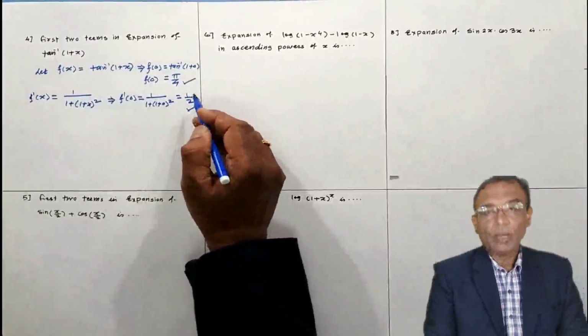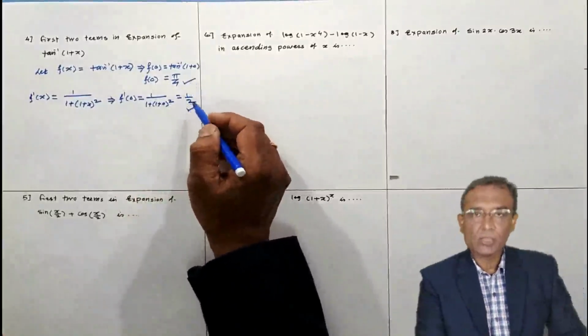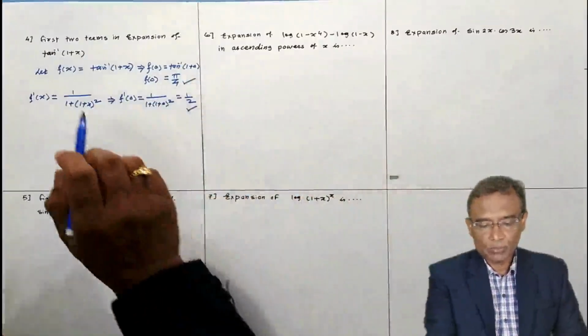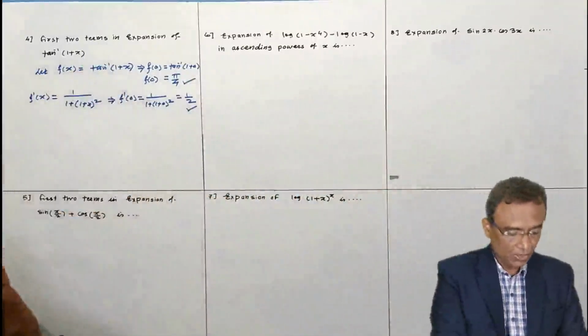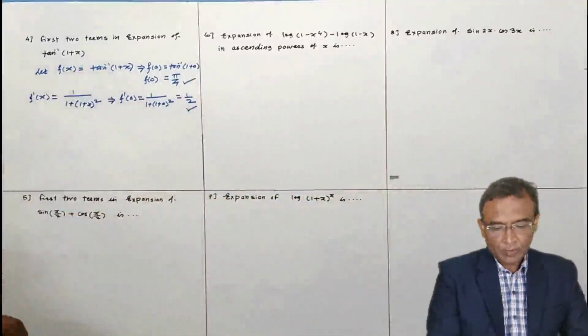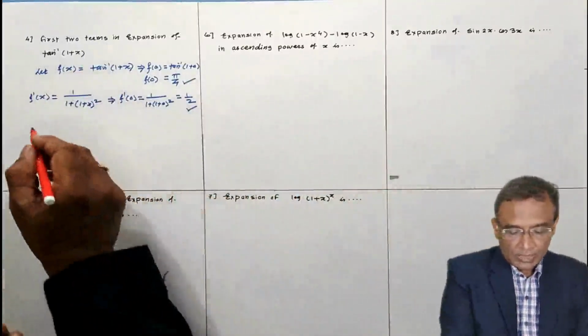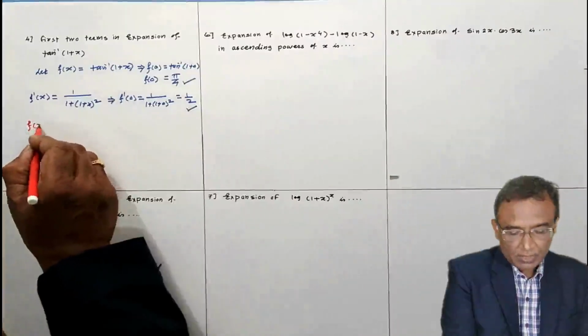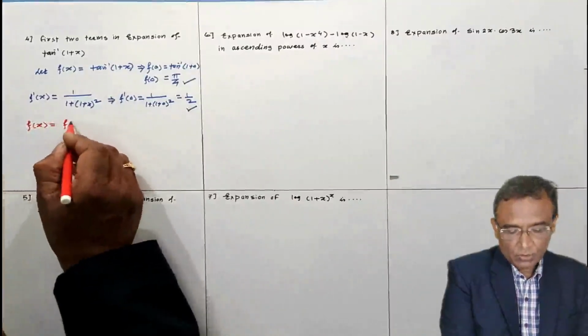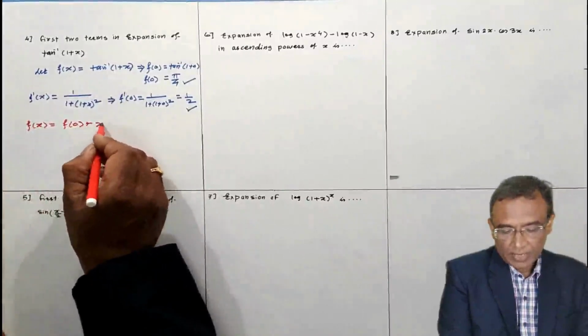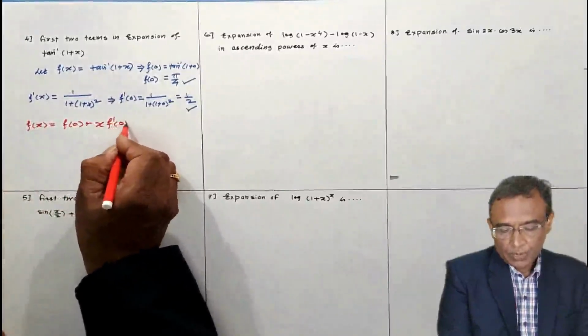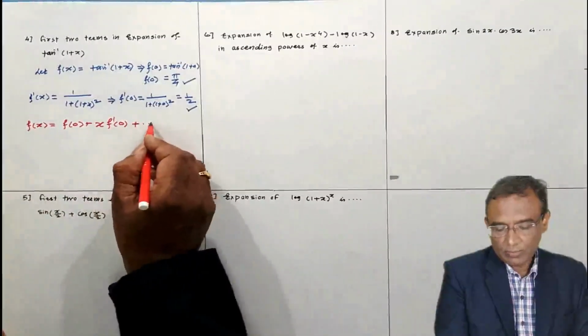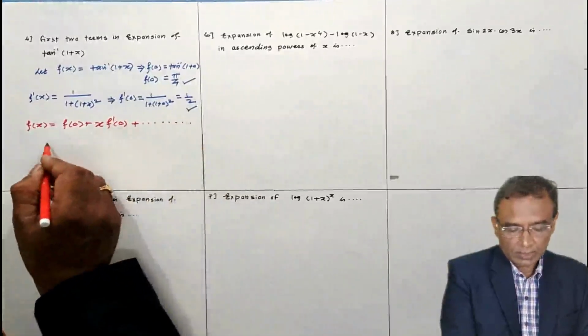See, two non-zero values of f we have obtained. Just stop taking derivatives now because we are interested in the first two terms of the expansion. Now in the Maclaurin series, what is the Maclaurin series? Fx equal to f0 plus x f dash 0 plus x square by factorial 2 f double dash 0, and so on.